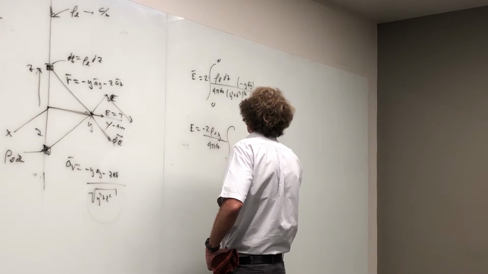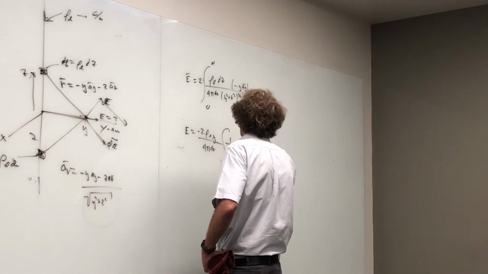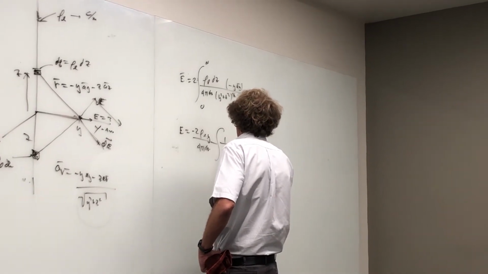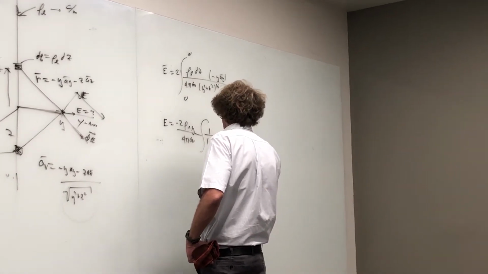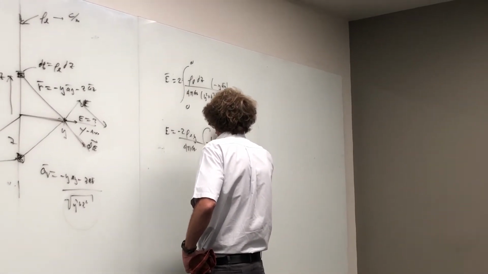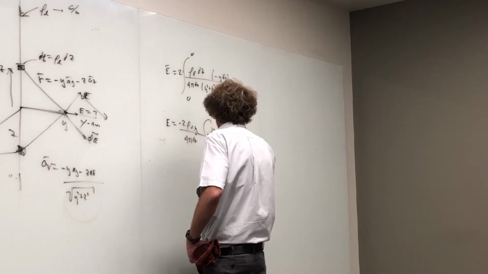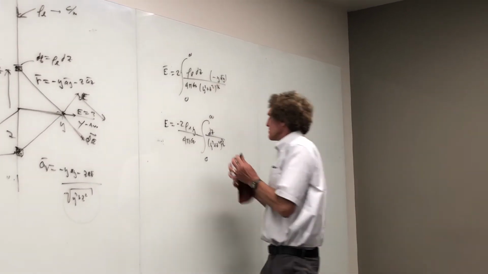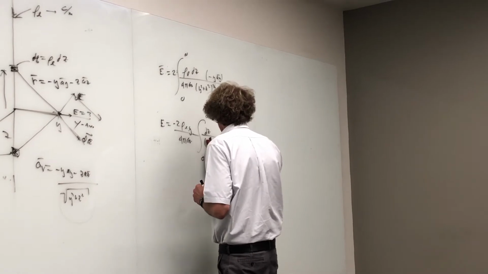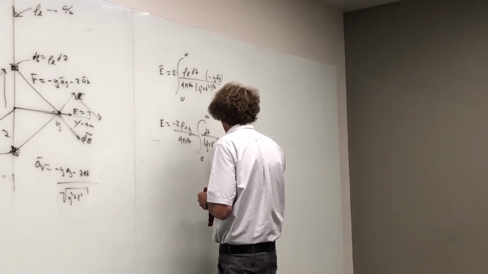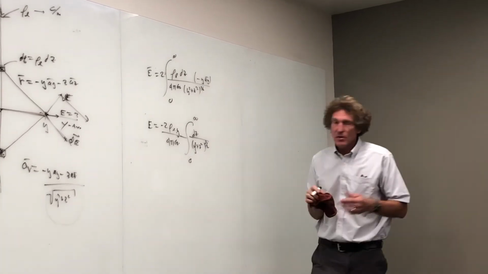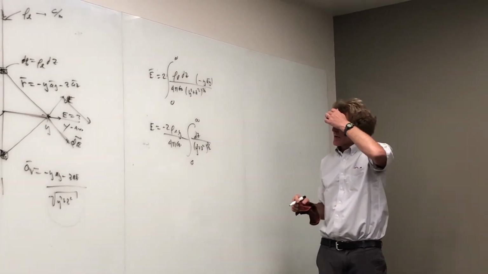The integration of 1 over y squared plus z squared to the 3/2 power from 0 to infinity, and it's integrated dz. Let me make this a little nicer. So this is going to be y squared plus z squared to the 3/2 power. Do you all agree with me there? And I got to go dz.